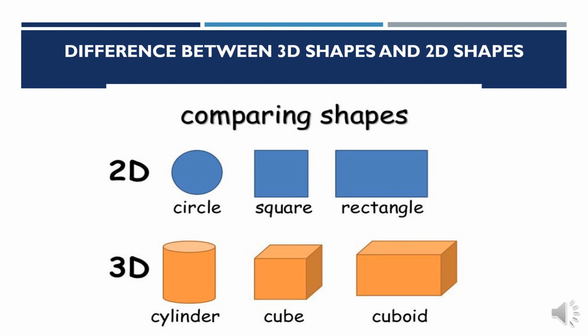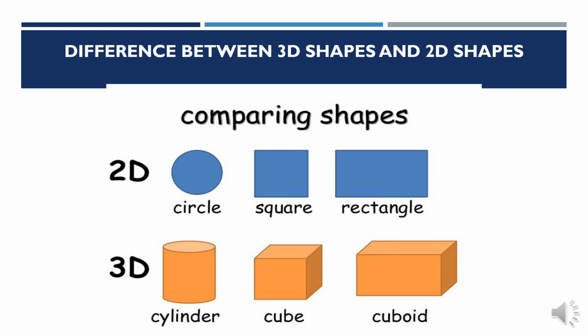Now, what is the difference between these shapes? You can see that in the 2D shapes, the shapes are flat. They have just length and width because they are 2-dimensional. They are flat. They cannot occupy space like a 3D shape.